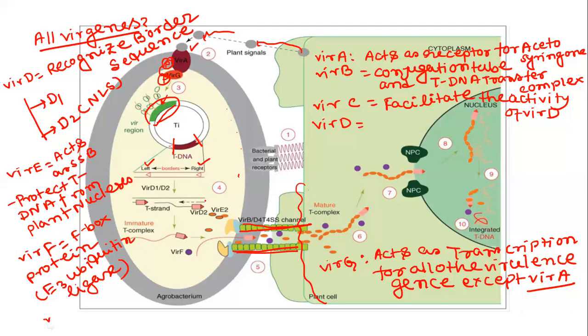Now, the plant cytoplasm contains many nuclease enzymes, so the T-DNA may be degraded by the plant nucleases, so they must protect the DNA from nuclease attack. That protection is done by the VirE2 complex. VirE2 acts as an SSB, protecting the T-DNA from plant nucleases.